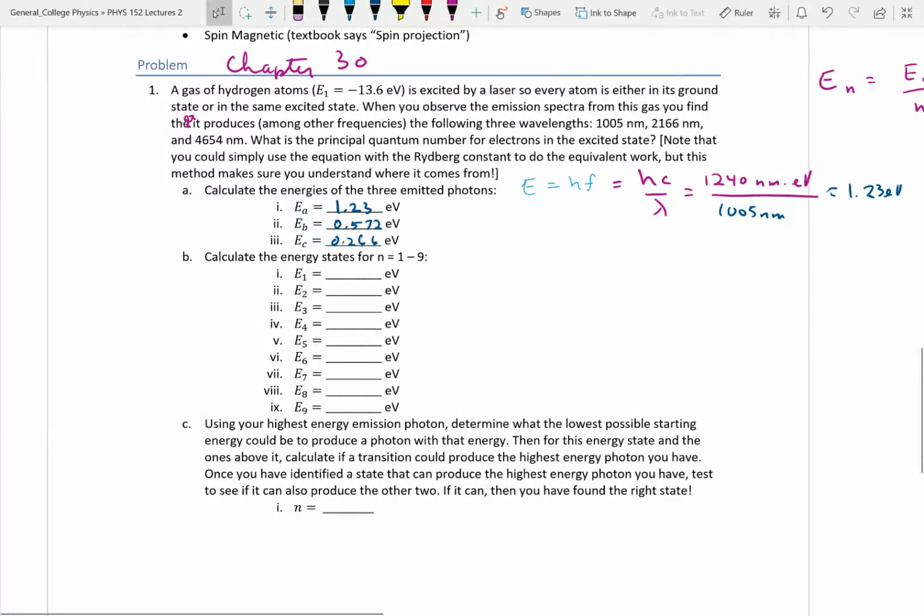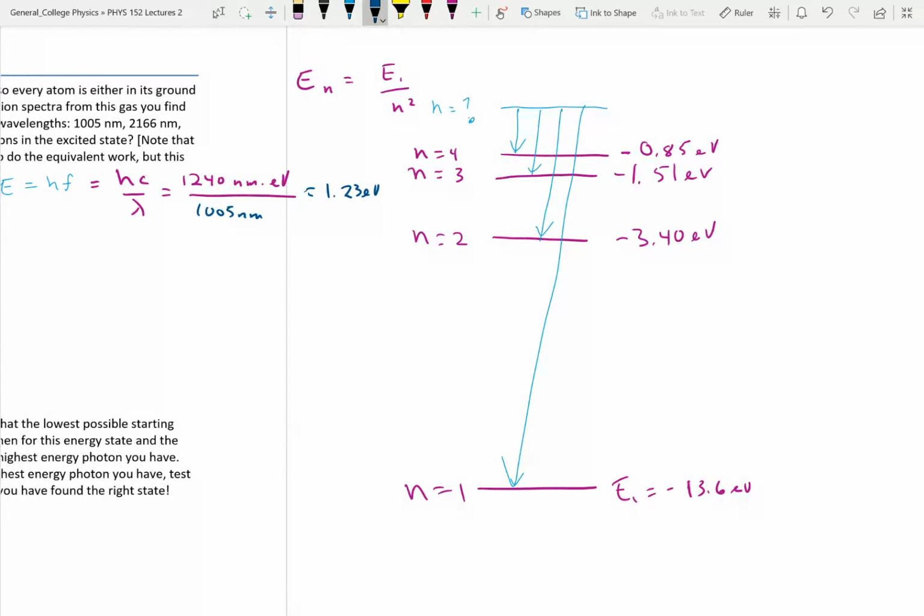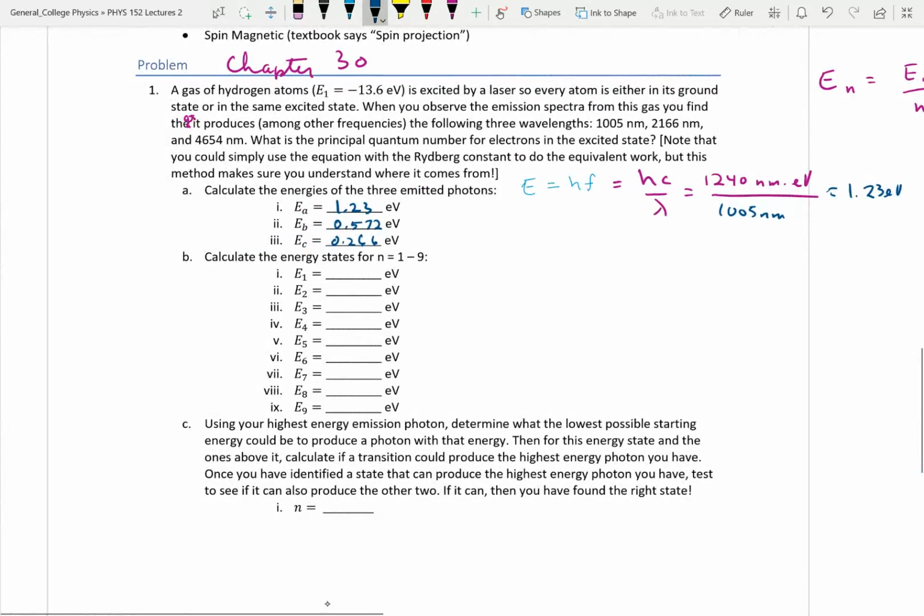So now I'm going to take my 13.6 minus, so they're all going to be negative. 13.6 divided by 1 squared is, of course, minus 13.6. 13.6 divided by 2 squared is minus 3.40. 13.6 divided by 3 squared is minus 1.51. By 4 squared, which is 16, gives me minus 0.850. Divided by 5 squared, or 25, is minus 0.544.